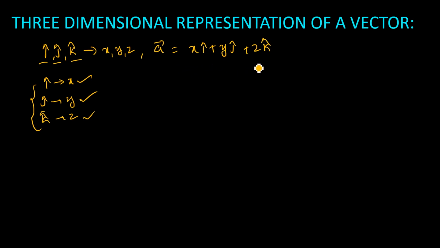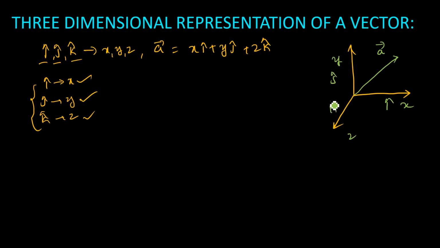So if you are representing this, there is an x axis, y axis and z axis. Like this, you can take a vector. So A bar I am considering, with x axis, y axis and z axis. i cap is a unit vector, j cap is a unit vector and k cap is a unit vector. Like that we can represent. So with the x axis it makes alpha, with the y axis beta, with the z axis gamma.